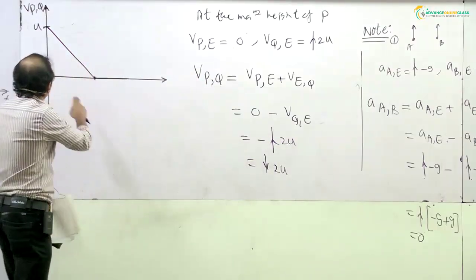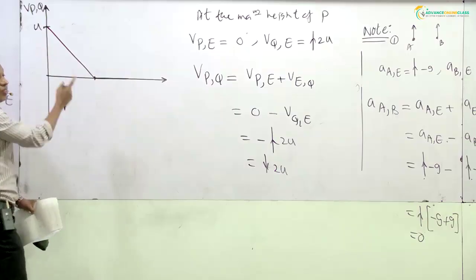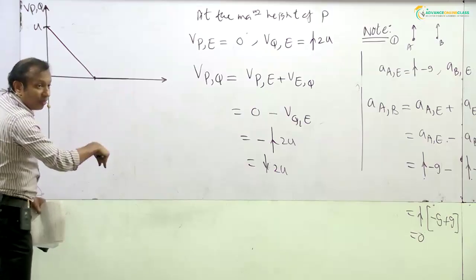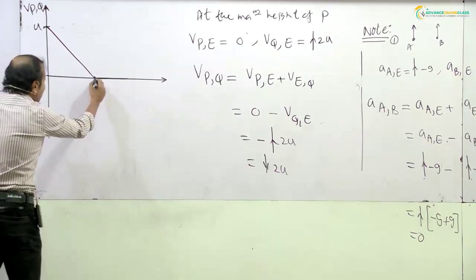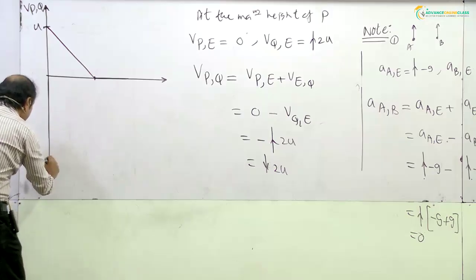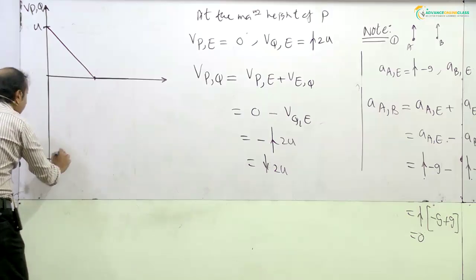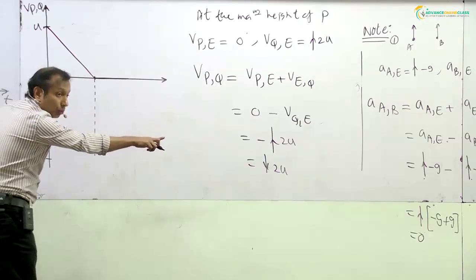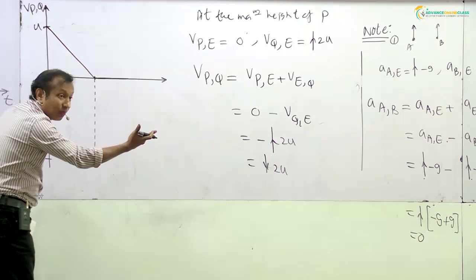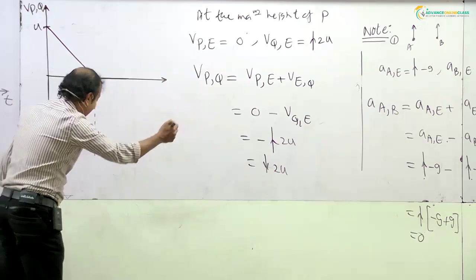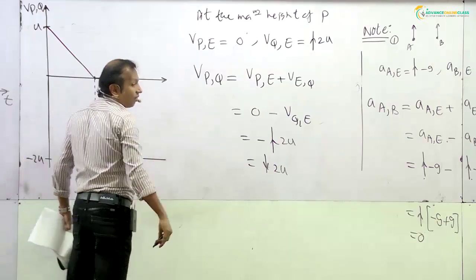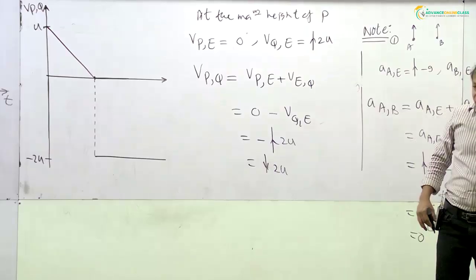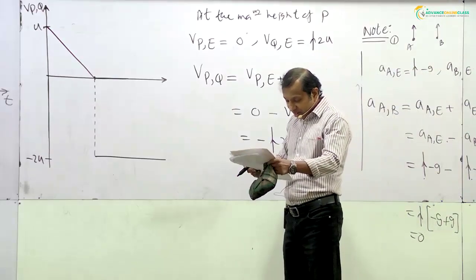Above the time axis we took velocity as positive, so downward is minus 2u. Then we must mark minus 2u here. After this, velocity is 2u, acceleration 0. This is the VT graph of P relative to Q. Understood?